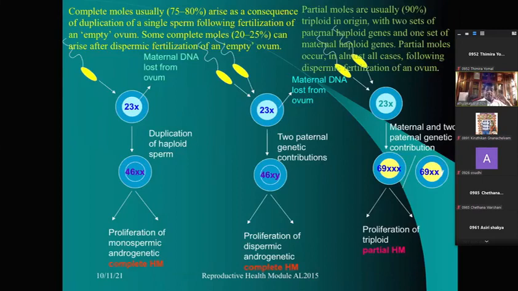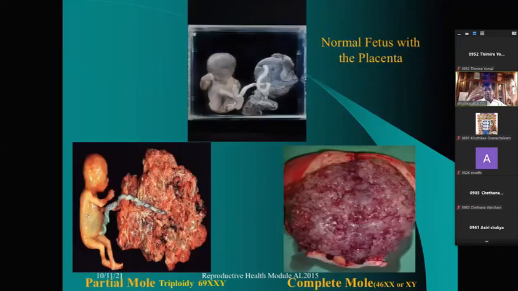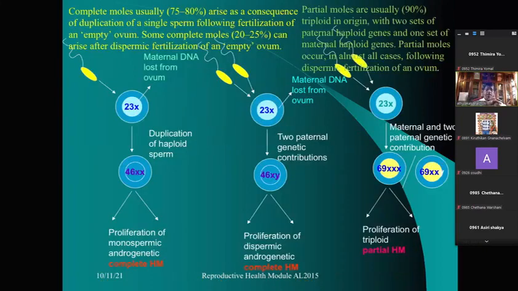Now, why does this happen? Normally you will have a baby and a placenta, and you will ultimately deliver a baby. But here, why this abnormal proliferation of placental tissue occurs is explained through abnormal fertilization.